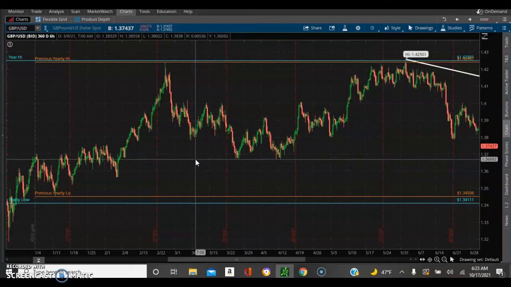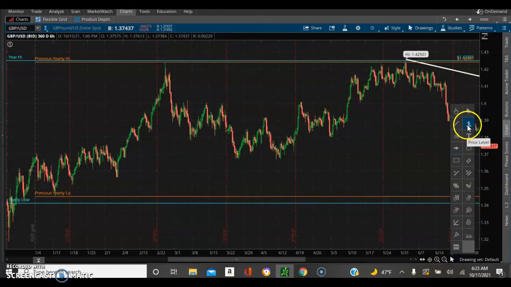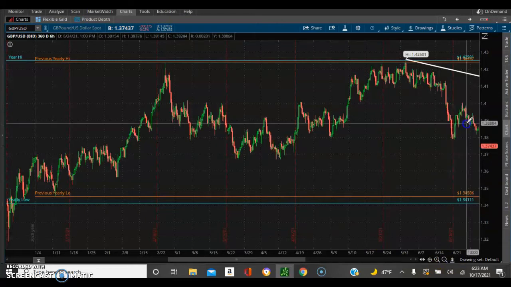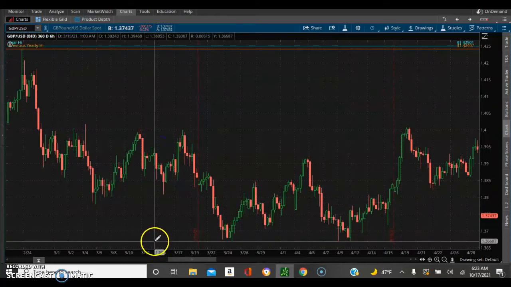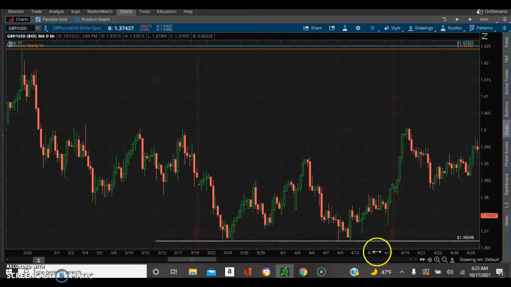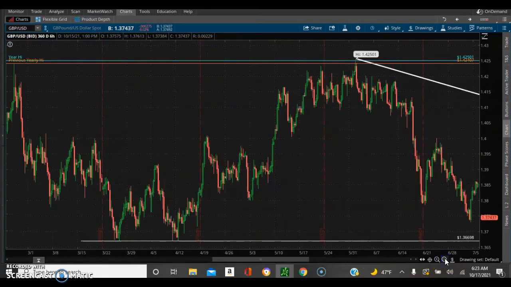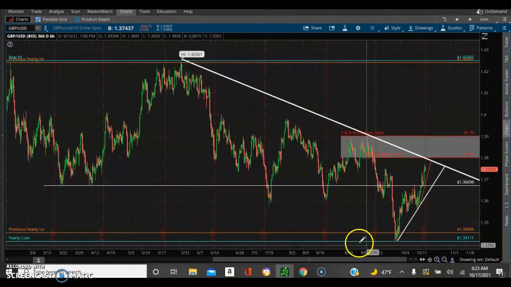So let's put a resistance level here at this double bottom. At 36.69, we know the market didn't want to take out that low.